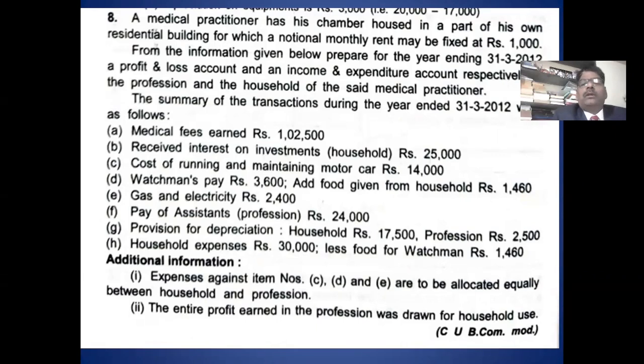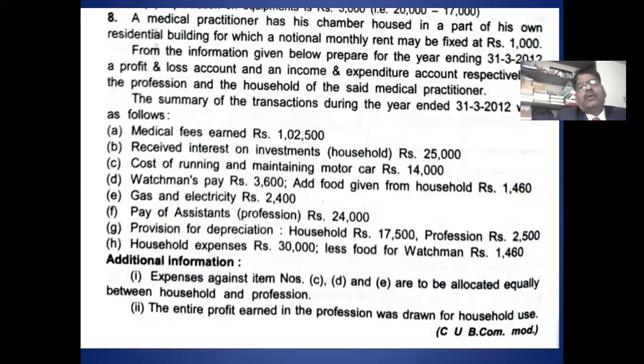In connection with the medical practitioner, profit and loss account is prepared for profession. Income and expenditure account is prepared for household. And in some cases, profit and loss account is prepared for profession, and personal capital account is prepared for all his household transactions.